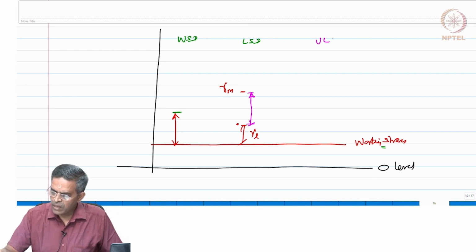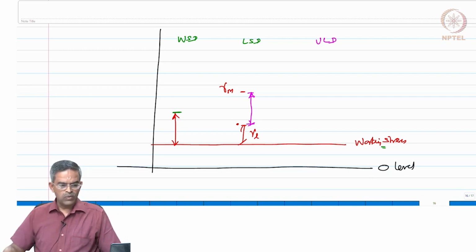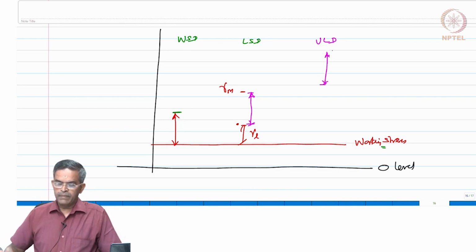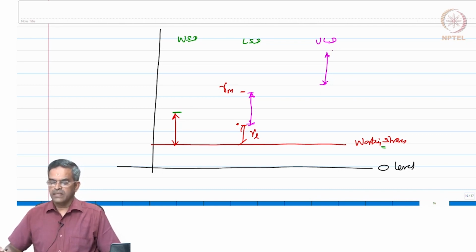If we talk about ultimate load design, what I do is I enhance the material characteristic further and take it till the top. Okay. So, in all the three cases, we can very well see the safety factor is inherited in the material level itself. Okay.